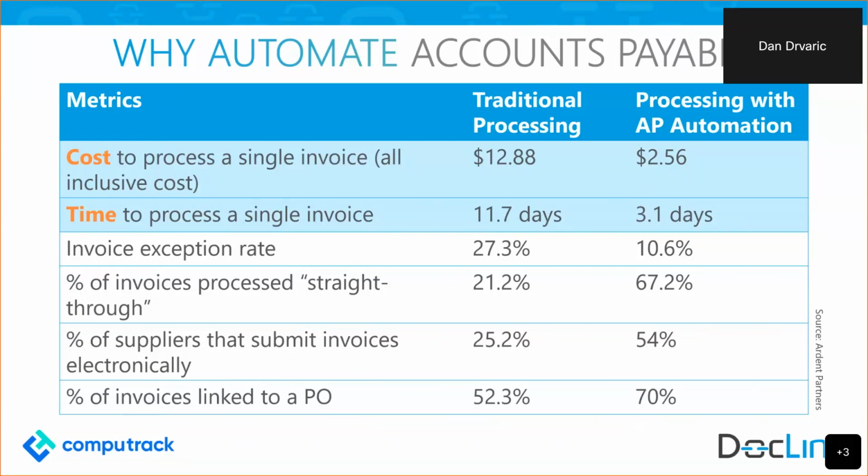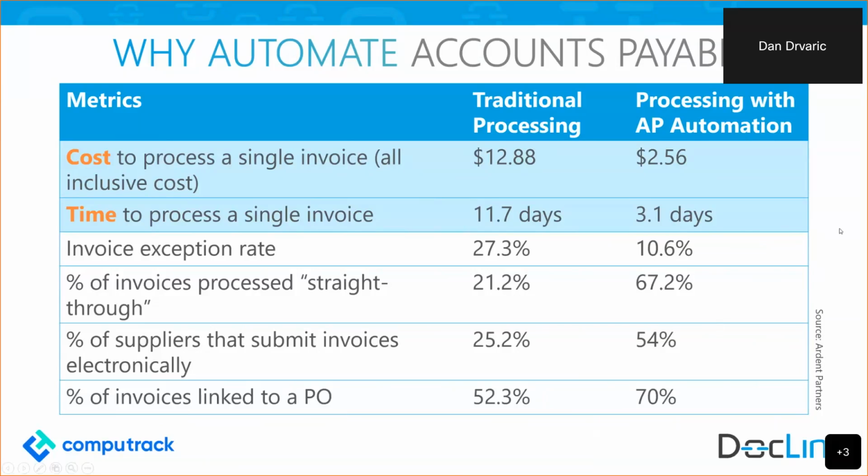In terms of time, processing a single invoice can go from almost 12 days down to 3.1 days. In percentages, this means that the cost savings that you could realize is about 81%. And time is in the range of 73 to 75%.